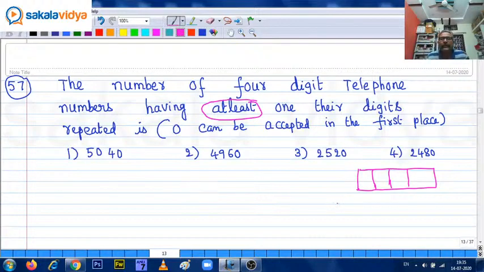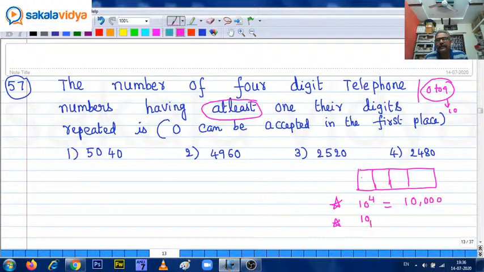With repetition, we have digits 0 to 9, total 10 digits. Each place can be filled 10 ways, that is 10 to the power of 4, which is 10,000.